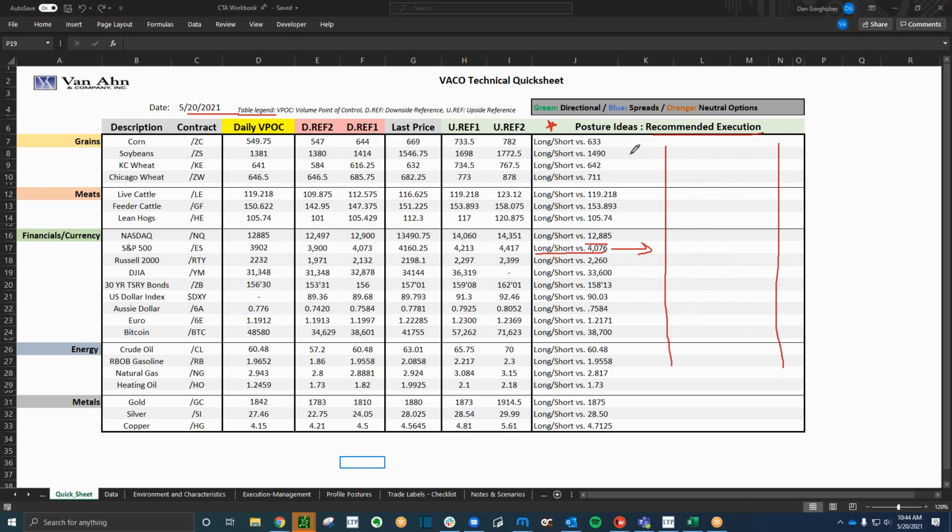It'll be labeled or color coded based on directional spreads or neutral option plays. So if it's green highlighted, that'll be a directional play. If it's blue highlighted, it'll be a spread play, and if it's orange highlighted, it'll be a neutral option play for you there.